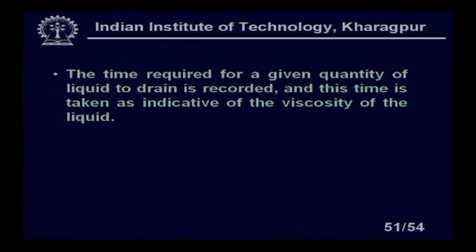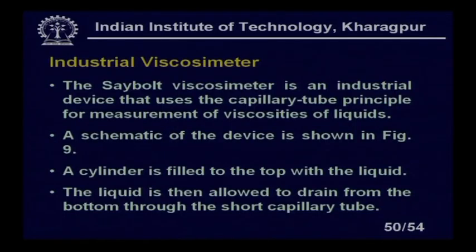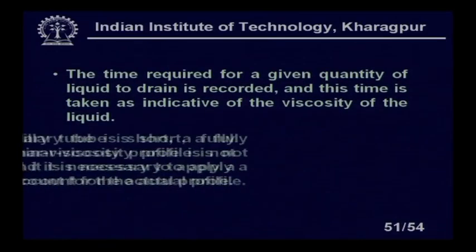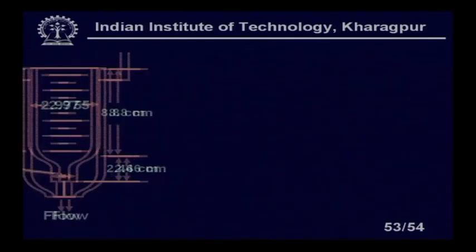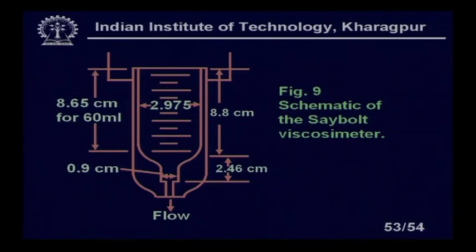Let us go back first to the figure. This is our industrial viscosity meter. This is to be placed in a constant temperature bath. Please note, these are all the dimensions we have given. It is to be placed in a constant temperature bath because if the temperature changes, the viscosity also changes.